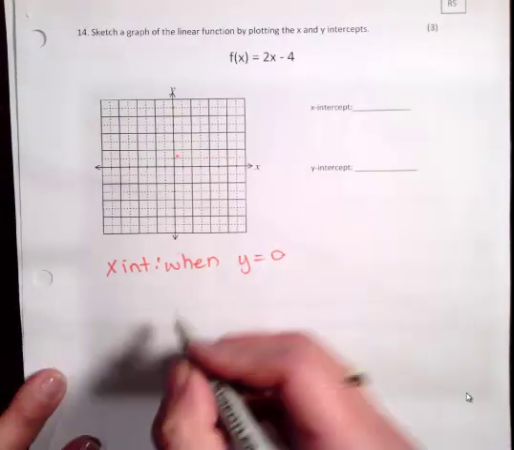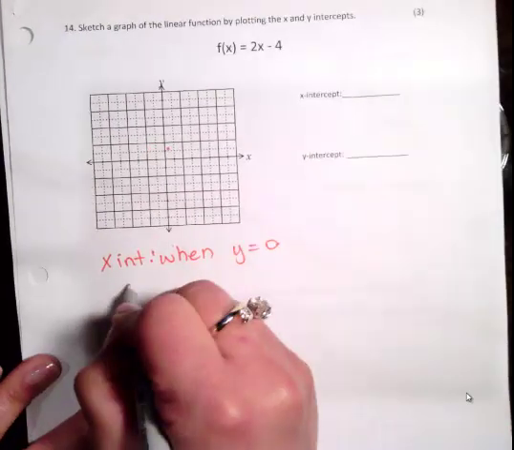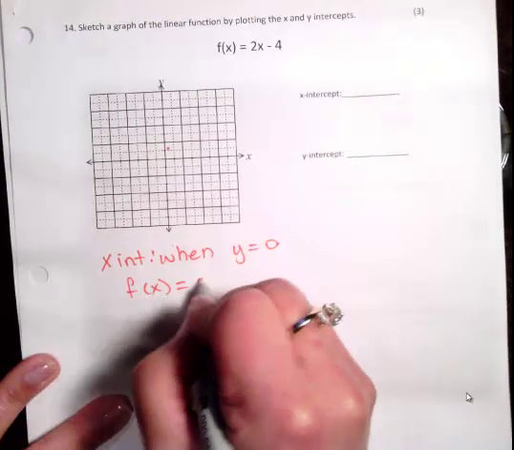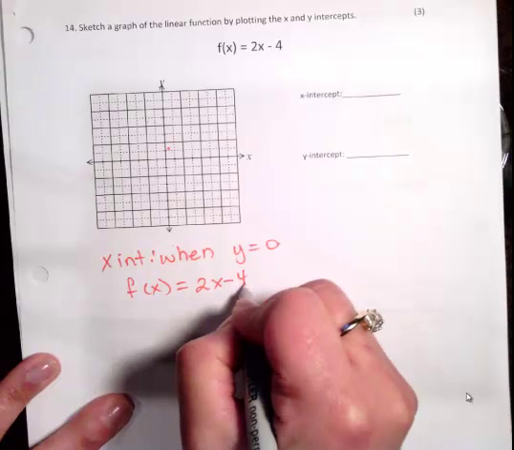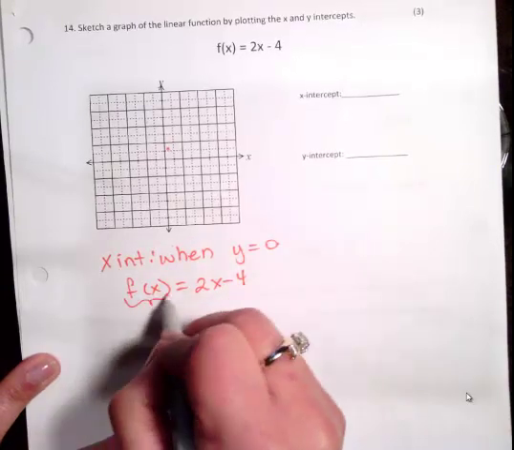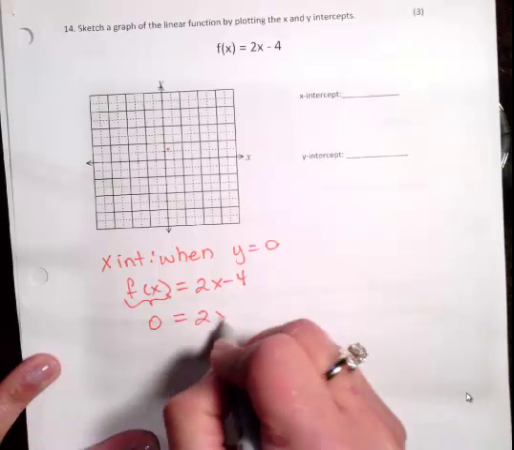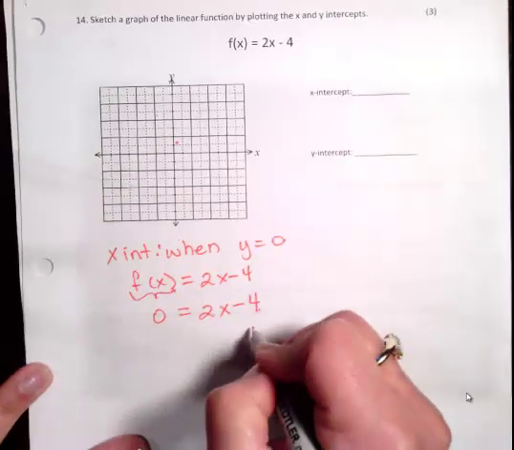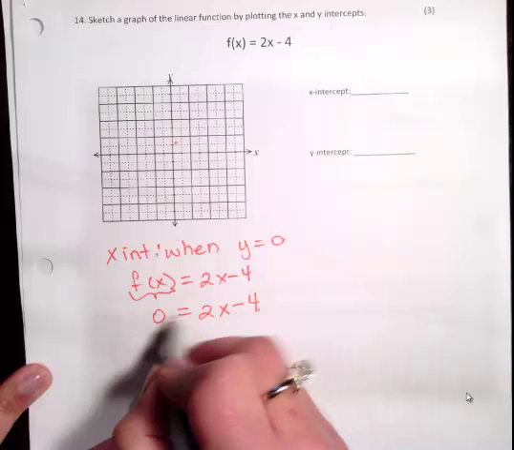And to find that, what we do is we take this, f of x equals 2x minus 4, and we set this to 0, and we write 0 equals 2x minus 4, and we solve for x.